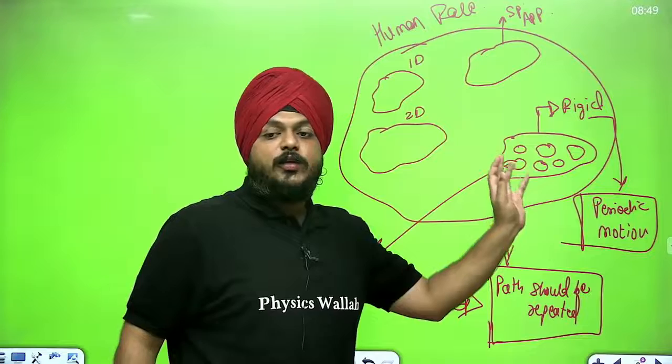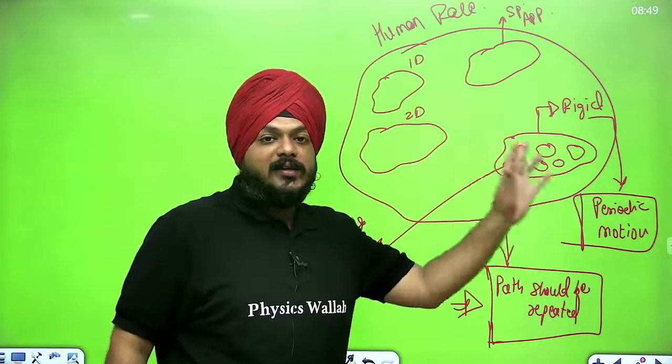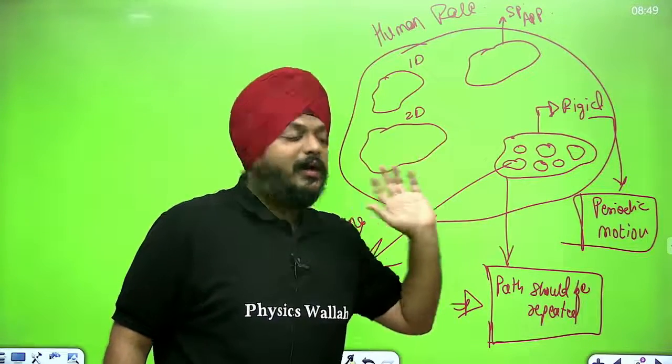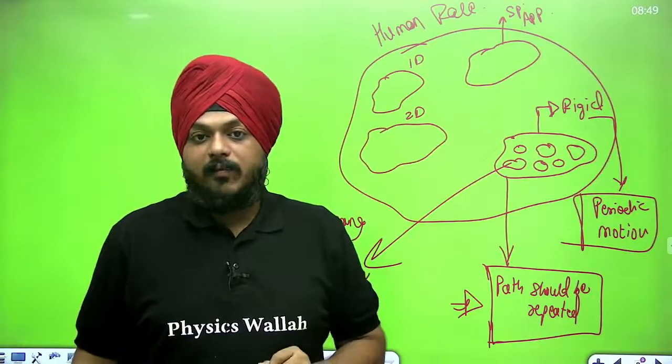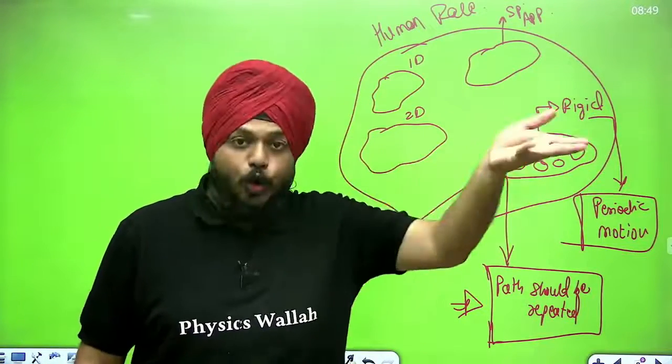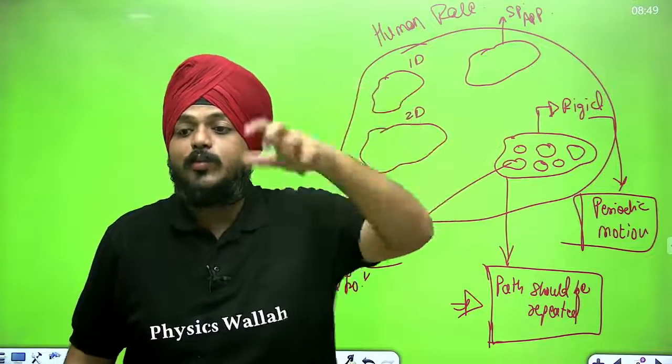The periodic motion civilization restricts its people so that the path should be repeated at regular time intervals, and it depends on you which path you want to select.